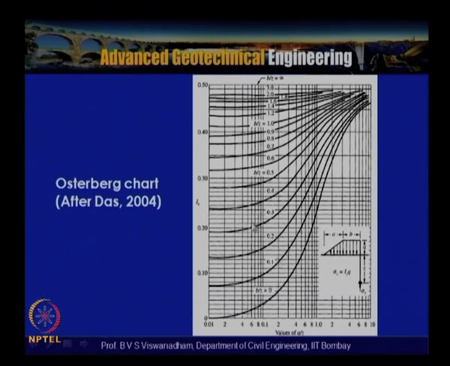So, these Osterberg charts are used for calculating the vertical stresses for embankment loadings, where the theory is deduced from the triangular strip having linearly varying increasing load.